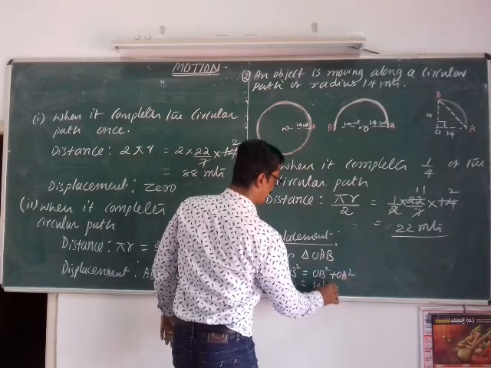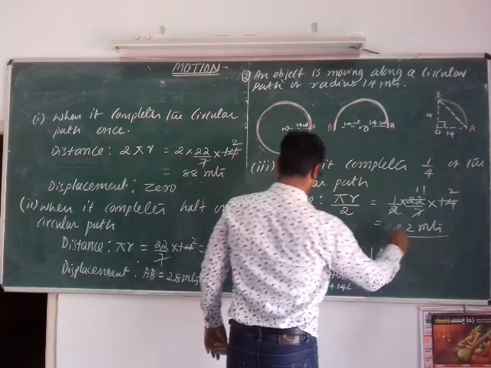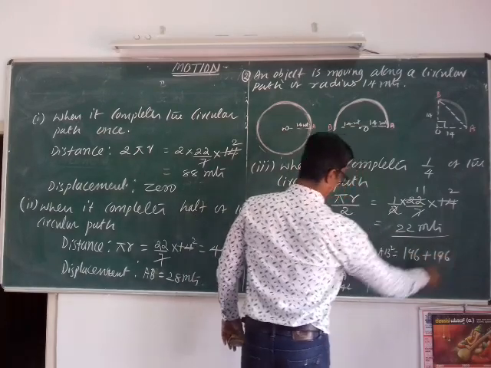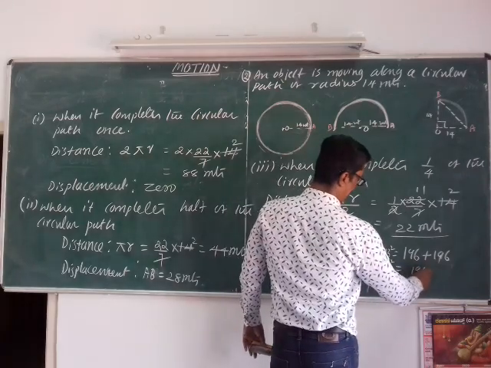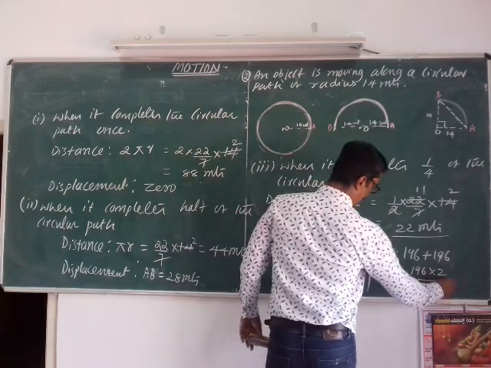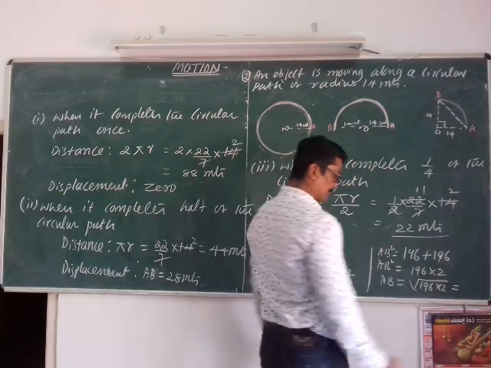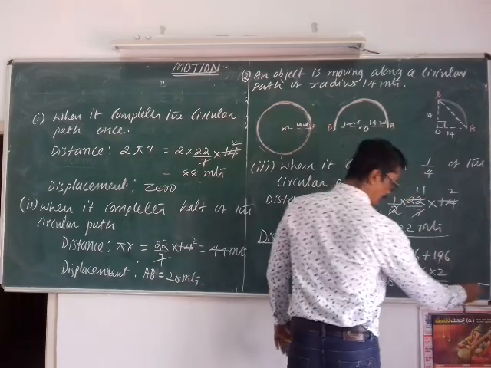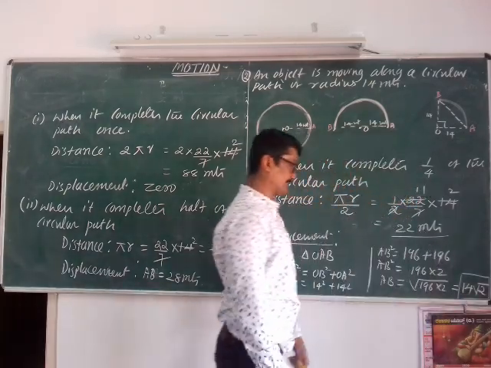So 14 square plus 14 square. So AB square is equal to 196 plus 196. For your convenience, you can write 196 into 2. So how much is AB? You have to take the square root, that is equal to the square root of 196, which is 14, and the square root of 2 is root 2. So it is an irrational number. Right? Root 2 as it is.